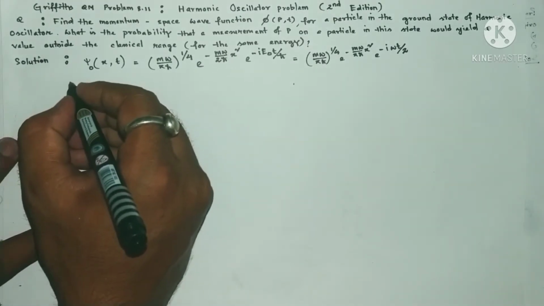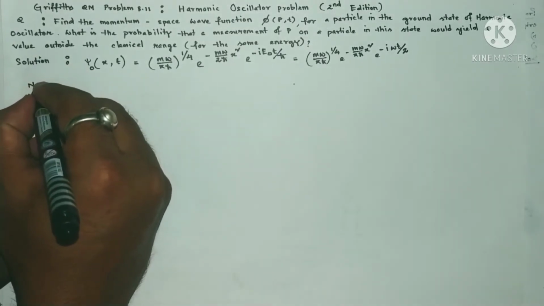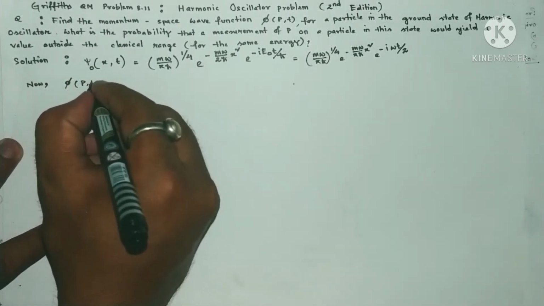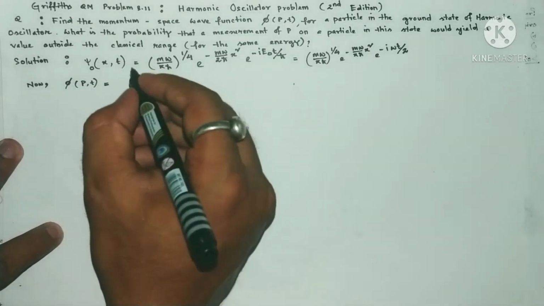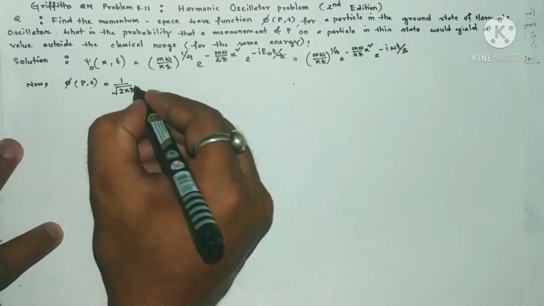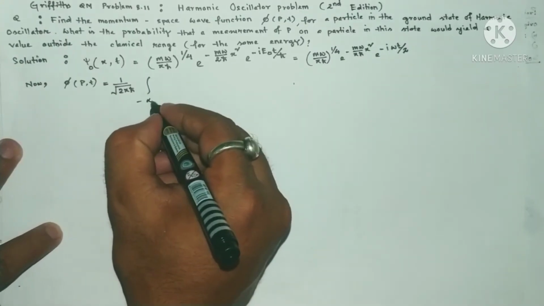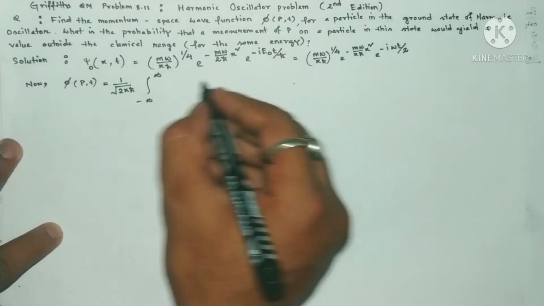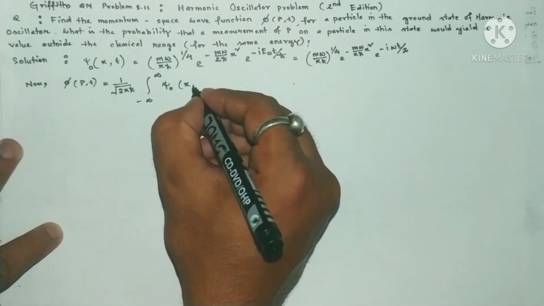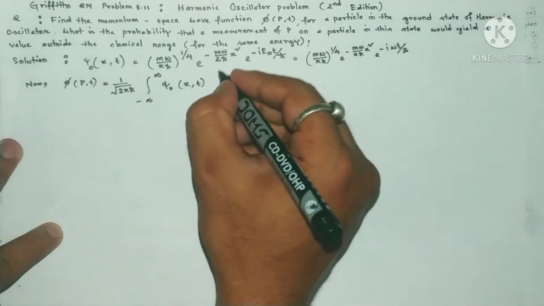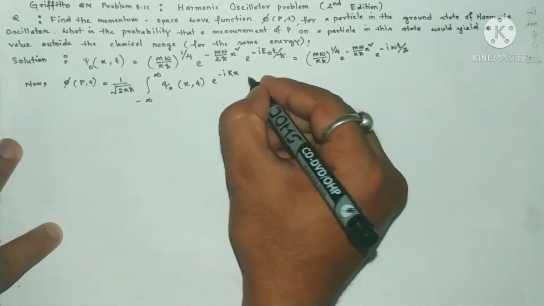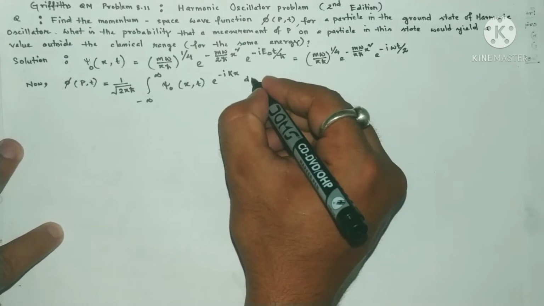Now phi(p, t) is given by a constant factor 1 by under root 2 pi h cross, integral from minus infinity to plus infinity of the wave function in x space multiplied by e raised to minus i k x.